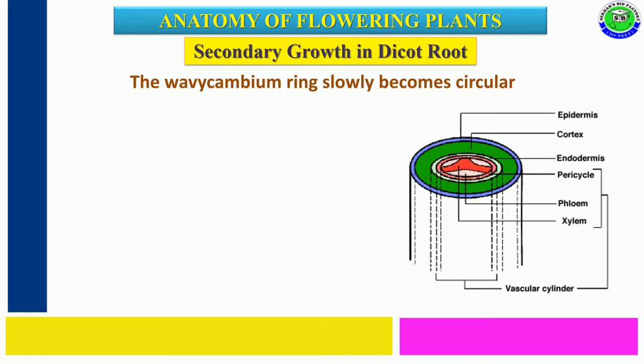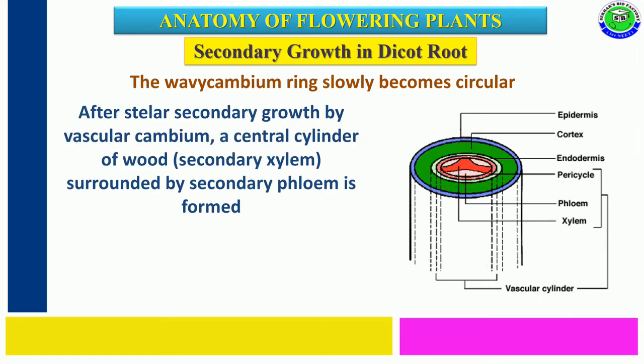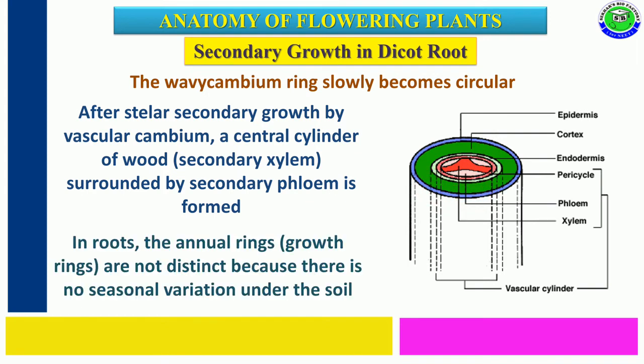During secondary growth, the wavy cambium ring in the stele becomes a circle. After stellar secondary growth by vascular cambium, the central mass of wood is secondary xylem, surrounded by secondary phloem.